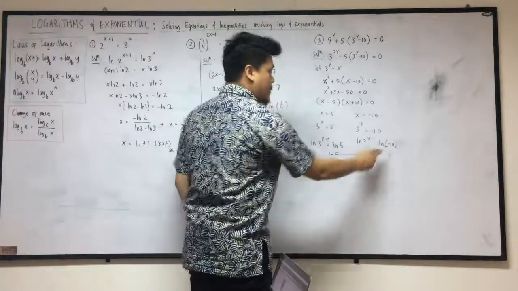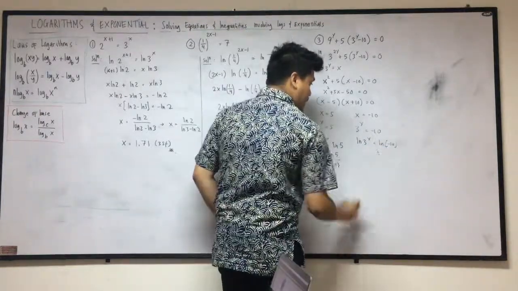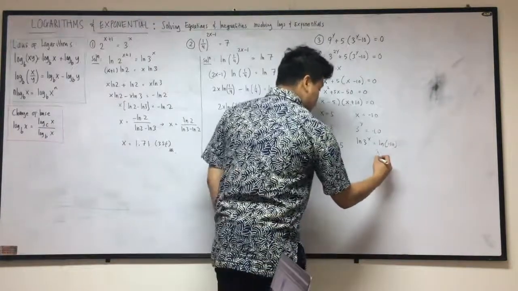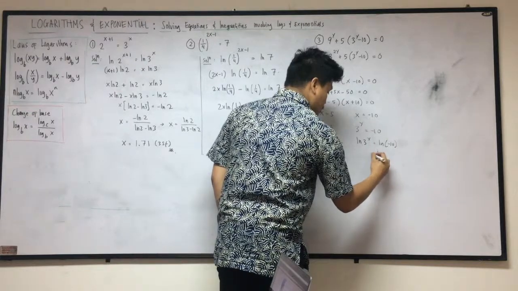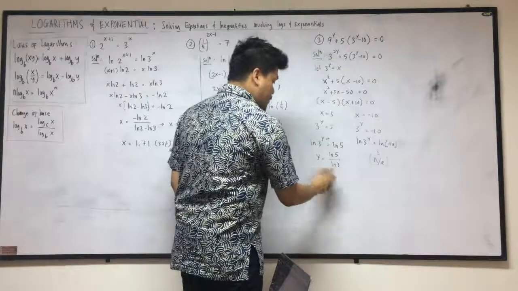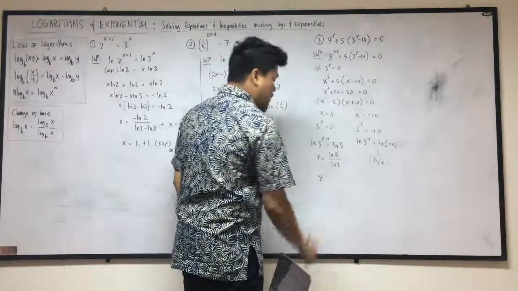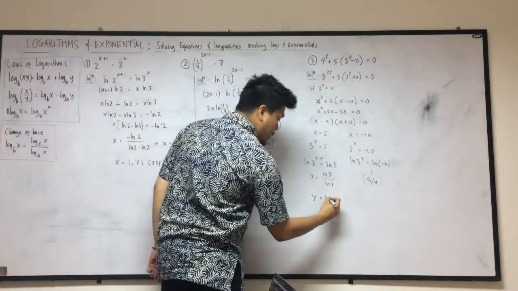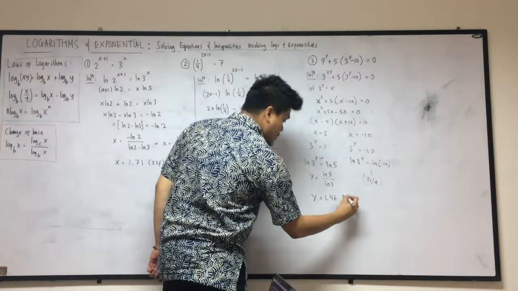Hey, wait a second, what happens here? The value here cannot be negative, so you cannot make this a solution. It is not applicable. So you're just going to use y equals ln 5 over ln 3. Using your calculator, you get 1.463 to 3 significant figures.